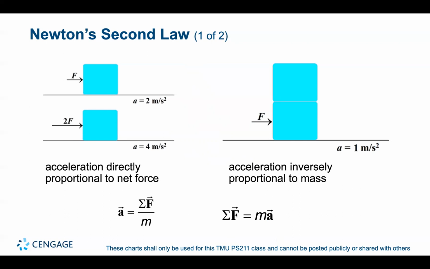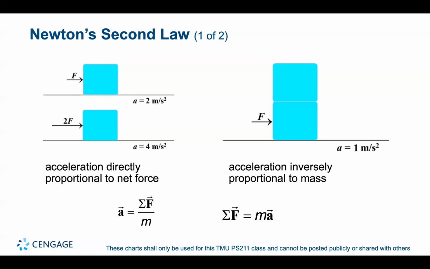Newton's second law answers the question of what happens to an object that does have a net force acting upon it. Imagine pushing a block of ice across a frictionless horizontal surface. When you exert some horizontal force on the block, it moves with an acceleration of, say, 2 meters per second squared. If you apply a force twice as large, acceleration doubles to 4 meters per second squared. Pushing 3 times as hard triples the acceleration, and so forth.